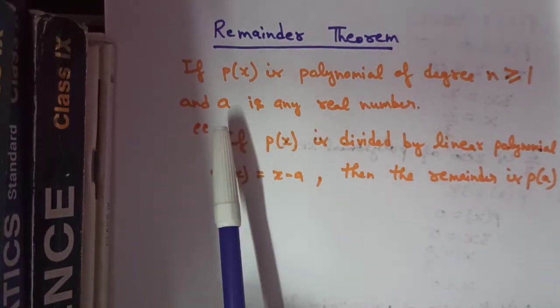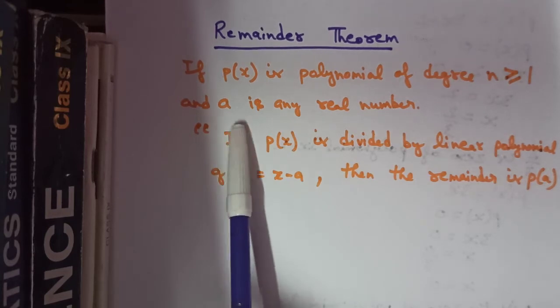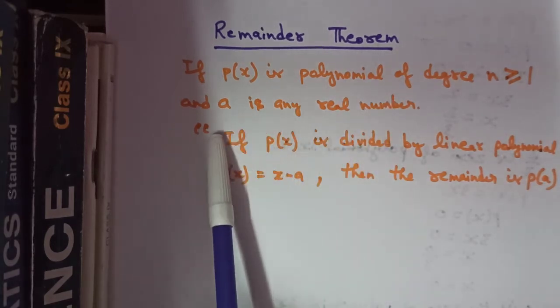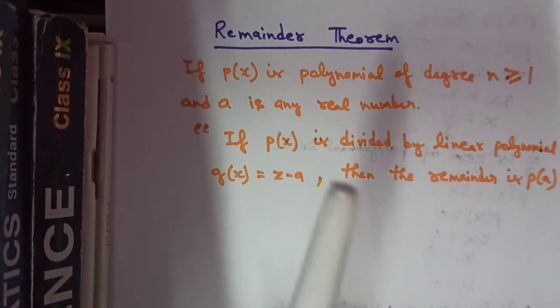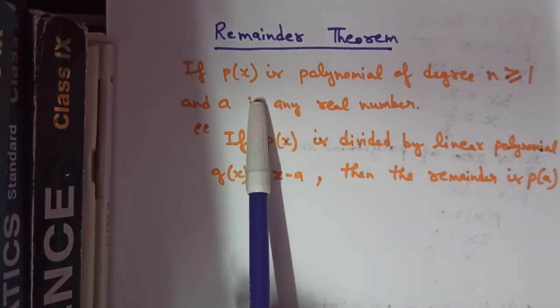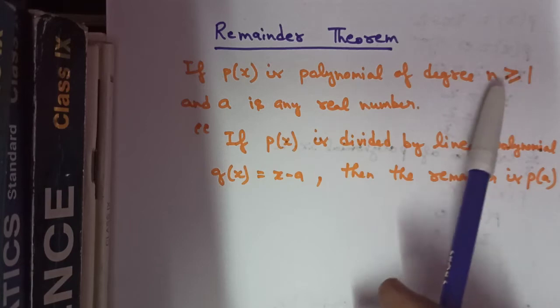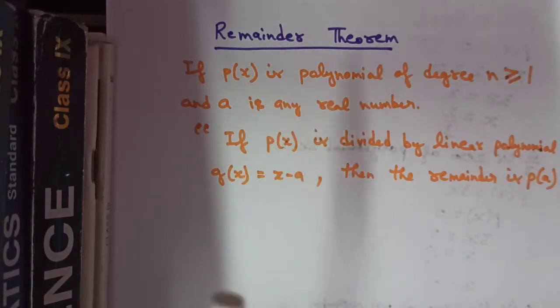And a, small a, is any real number. Small a is a constant which is any real number. p(x) is a polynomial of degree more than or equal to 1 and a is any real number.